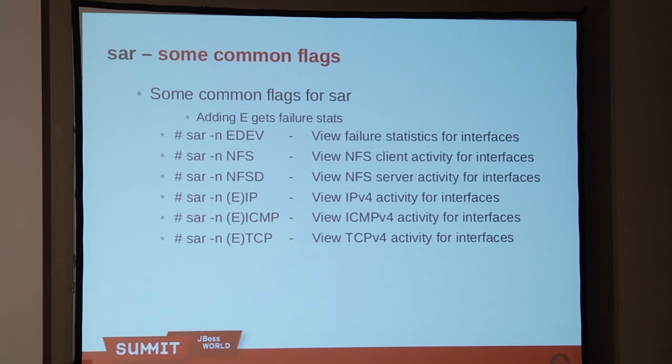In sar, again, there's a whole litany of different switches and flags to set. Generally with sar, we tend to use the -A option to collect all the stats and write them to a file, and then you can replay them.